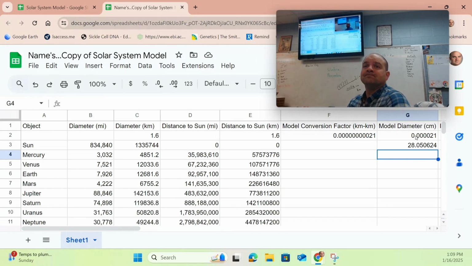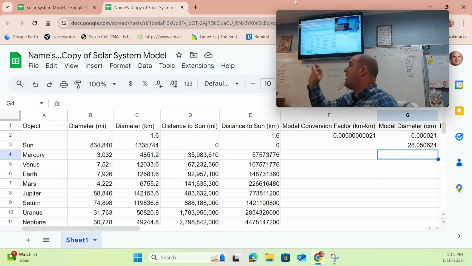Wait, what convert? The conversion factor we just put in right here. Oh, thank you. Yep. So diameter of sun in kilometers in real life times our modified conversion factor, which is going to... Hashtag value. So you put something in wrong. Let me take a look. Moving on. Actually, we're not moving on yet. We got to go down the column, yes?